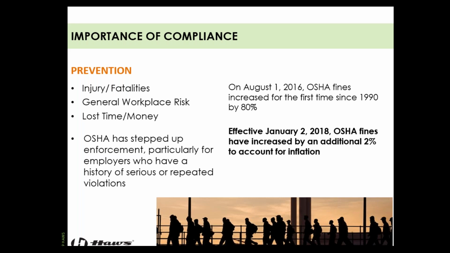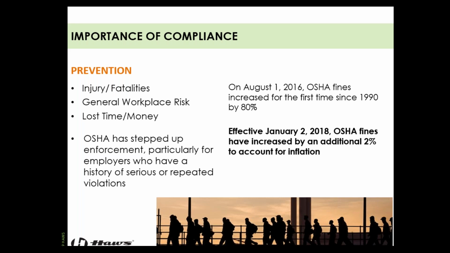Now, OSHA has stepped up enforcement, particularly for employers who have a history of serious or repeated violations. Those are two of the most serious violations that OSHA hands out. On August 1st, 2016, OSHA fines increased for the first time since 1990, and it was by a gigantic margin because it had never been adjusted for inflation before.